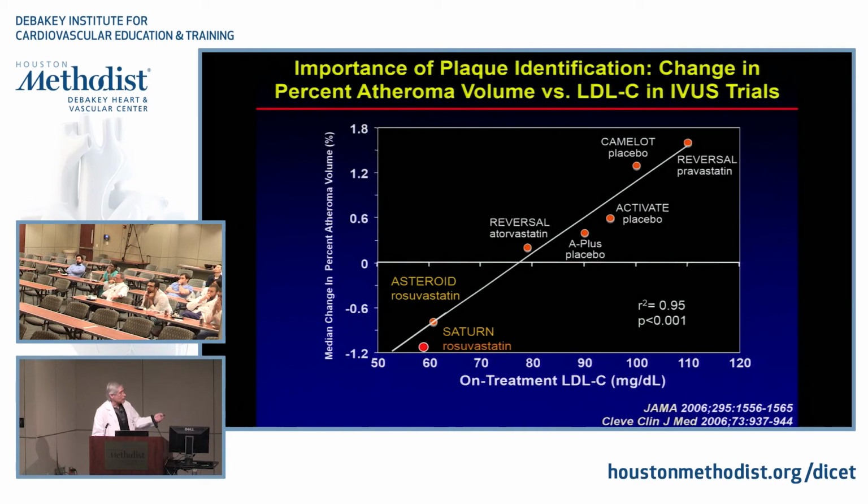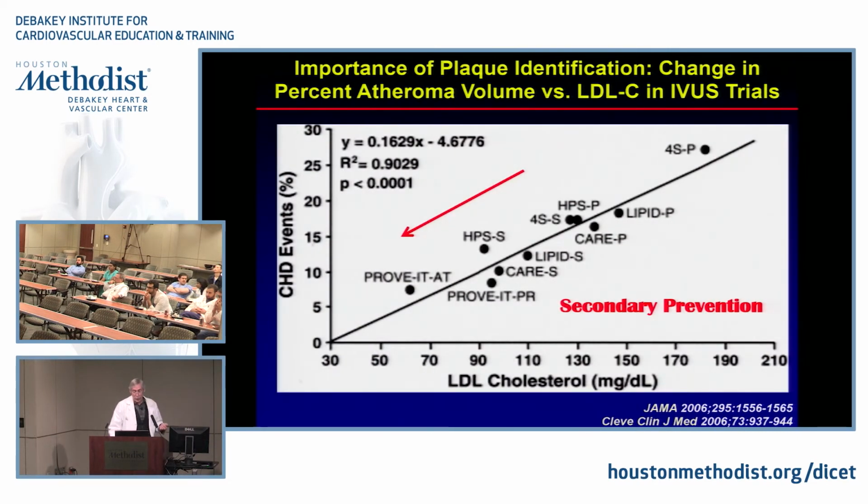It's important to recognize that there's a lot of data out there about reducing atheroma. Most of it is done with IVUS. But there's a lot of data showing that as the LDL goes down, the percent change in atherosclerotic plaque volume also goes down with it. Obviously, there's a lot of secondary prevention data also showing that as the LDL goes down, survival improves or event rates go down.